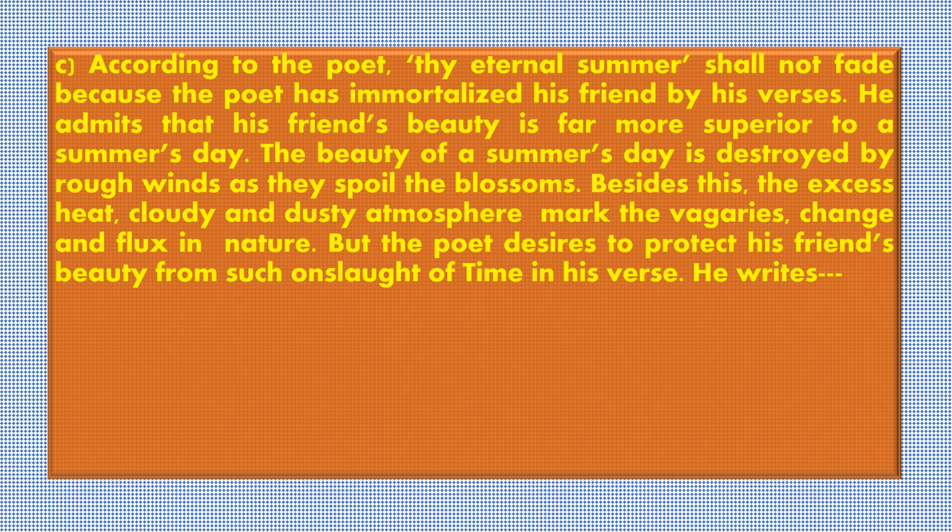He admits that his friend's beauty is far more superior to a summer's day because the beauty of a summer's day is destroyed by rough winds as they spoil the blossoms. Besides this, the excess heat, cloudy and dusty atmosphere mark the vagaries, change and flux in nature. But the poet desires to protect his friend's beauty from such onslaught of time in his verse.